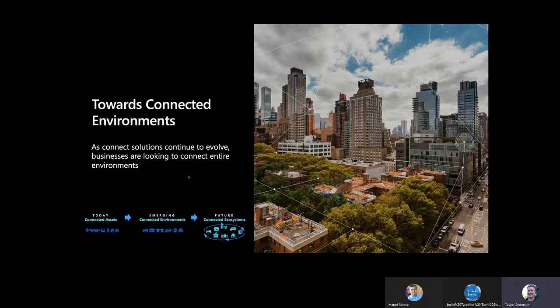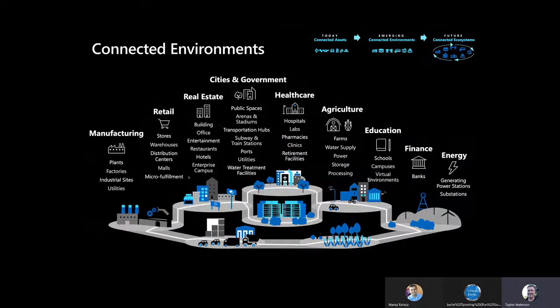Now, what kind of verticals or industries are great candidates for modeling as connected environments? Well, it turns out there are a large number of them. For example, manufacturing: the ability to model a connected environment, a manufacturing line within a plant, or the supply chain that feeds material to that plant.